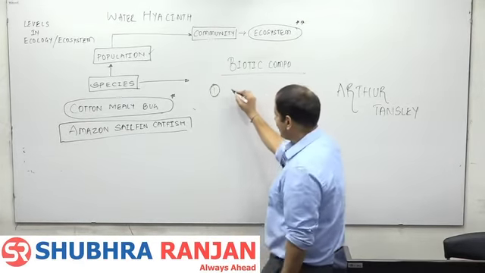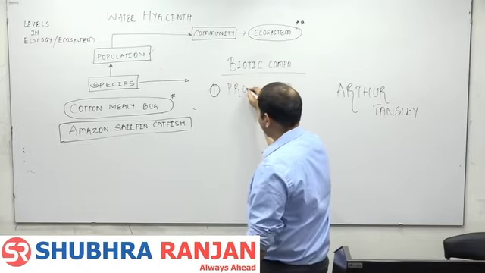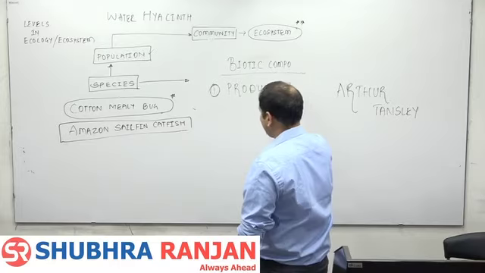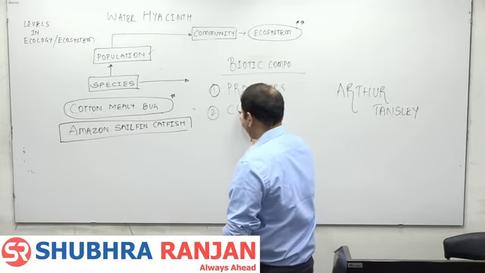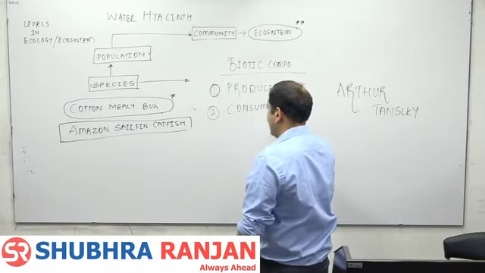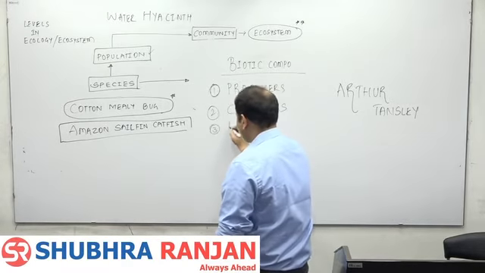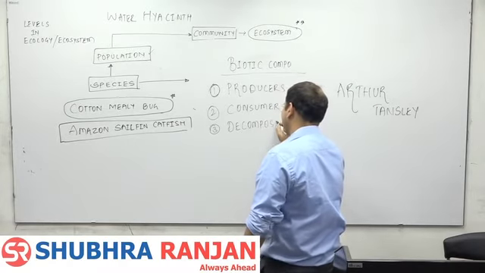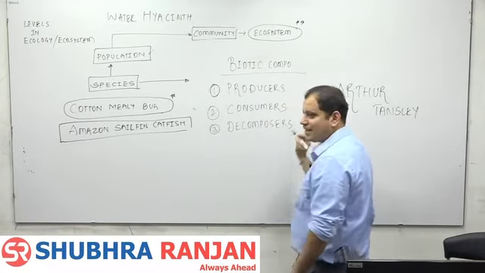so the biotic components are producers, consumers, and decomposers. Not like that, plants, animals, all of them.